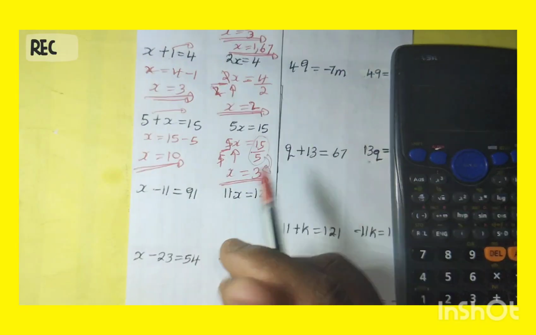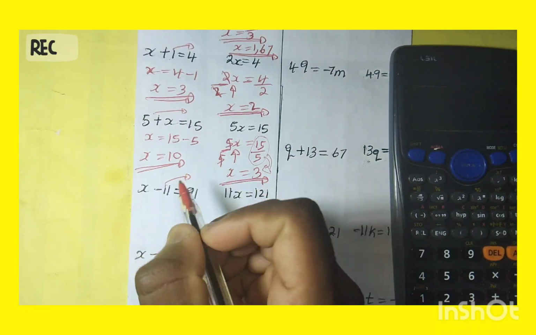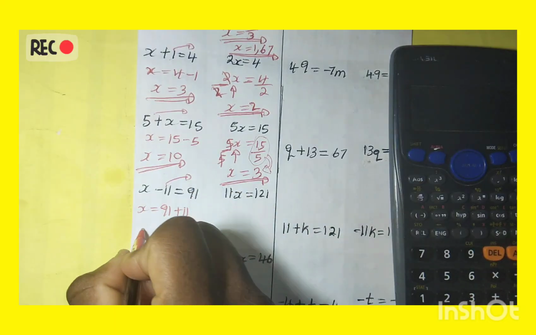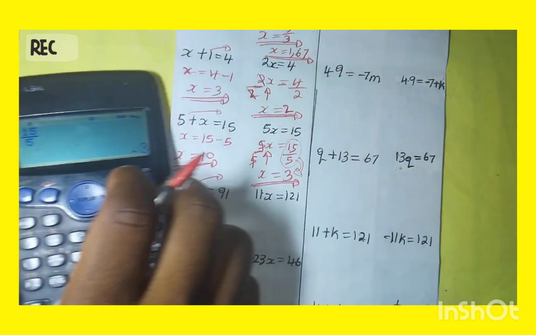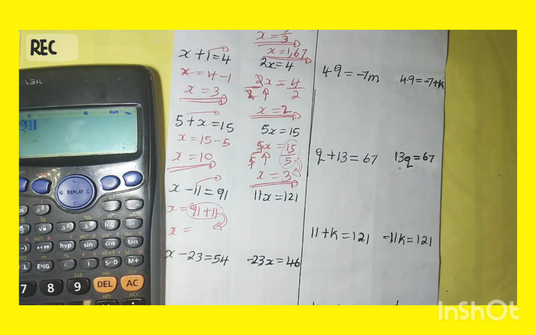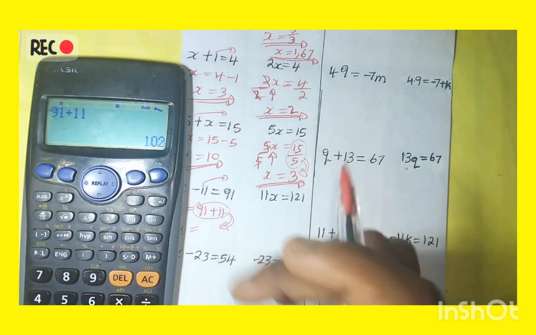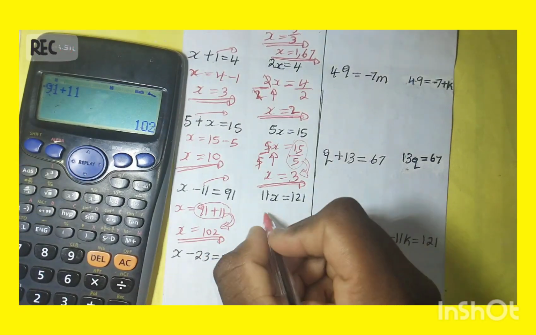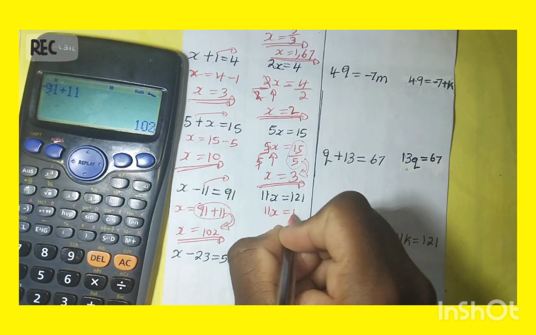So what about this one? Taking that thing to the other side, it will change the sign, they become positive 11, meaning our answer, you can press all of this to get 91 plus 11. This is what you got, it's 102. But what about this one? This is what you do.